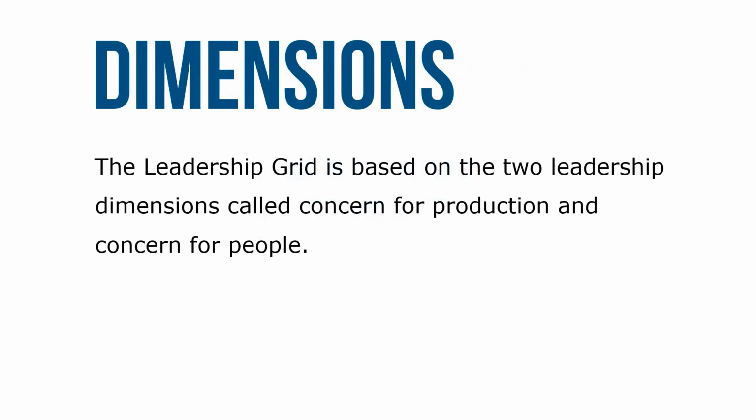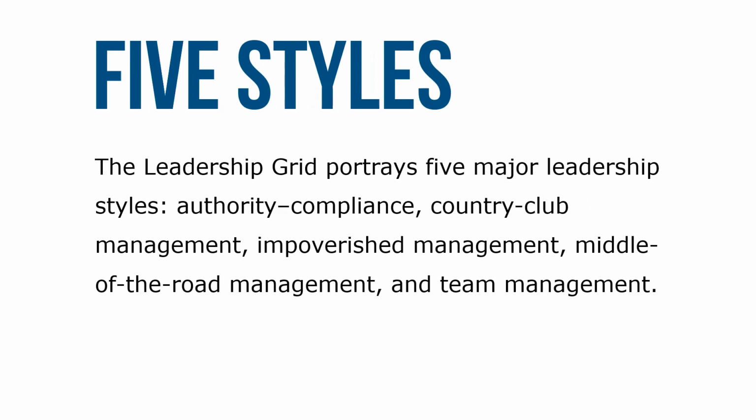The leadership grid is based on two leadership dimensions called concern for production and concern for people. The model identifies five major styles: authority compliance, country club management, impoverished management, middle of the road management, and team management.